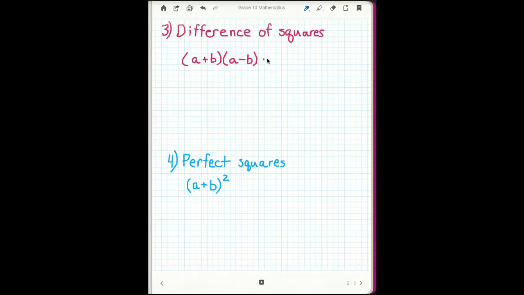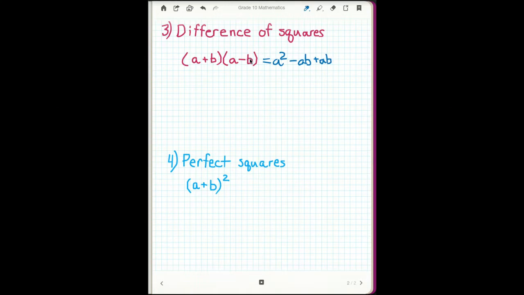When I multiply this out, I get a times a, which is a squared, just using FOIL again, or the rainbow method. A times negative b is minus ab. B times a is ba, but let's put the variables in alphabetical order as we usually do. So we'll write this as plus ab. It doesn't matter what order you multiply things in, so ba is the same as ab.